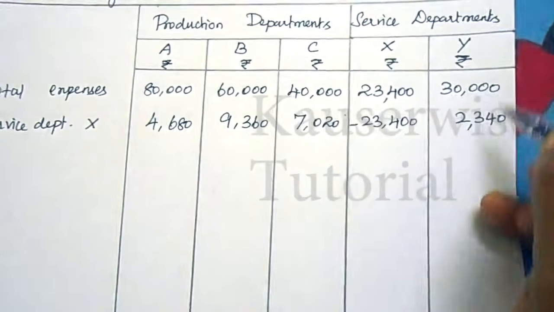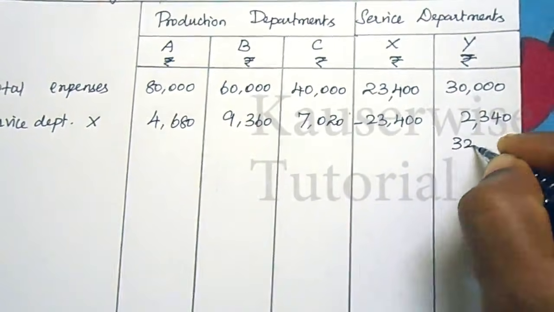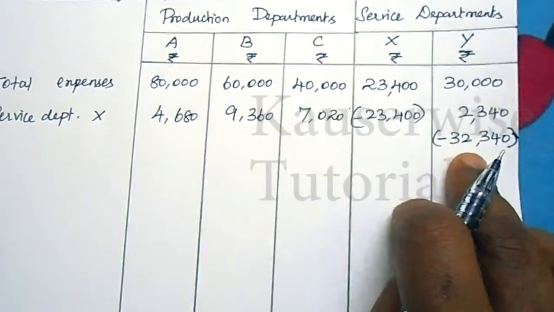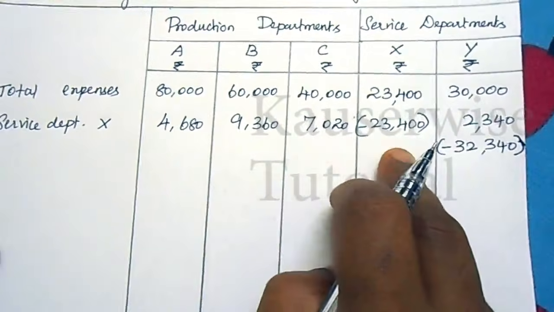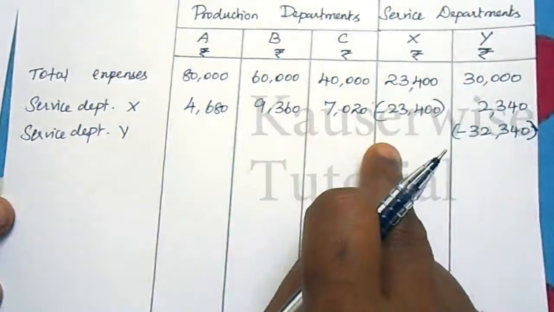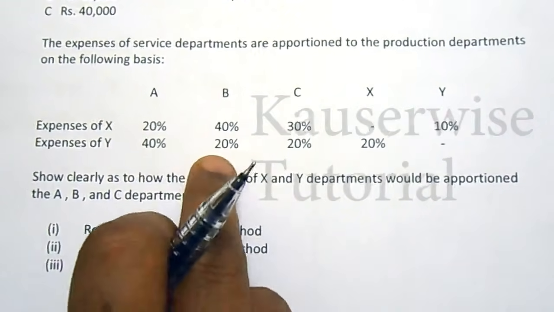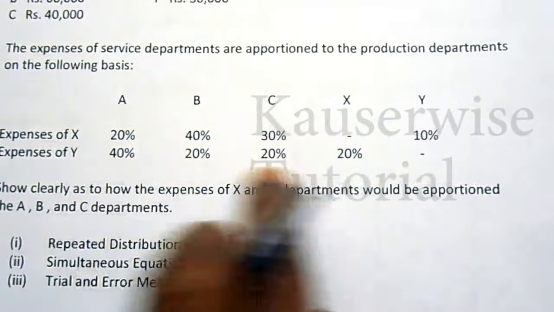Now we have to take department Y total expense. How much? 30,000 plus 2,340. Total 32,340. This will be redistributed to all other departments, both production department and service department Y. Look at the proportion. Expenses of Y. For A 40%, for B 20%, for C 20%, for X 20%. Total 100.